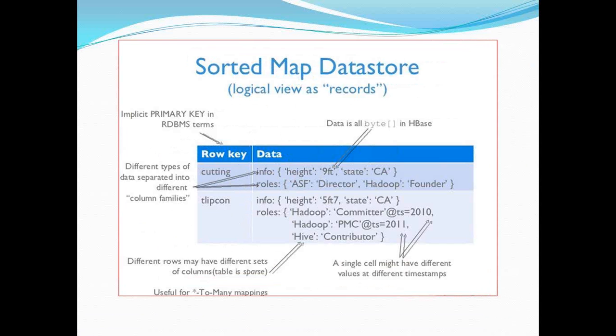So if this is the representation that you have to represent in a database, and you push this type of data into an HBase type of system, these are just the logical record. This is the conceptual picture, or what you call the logical data model.